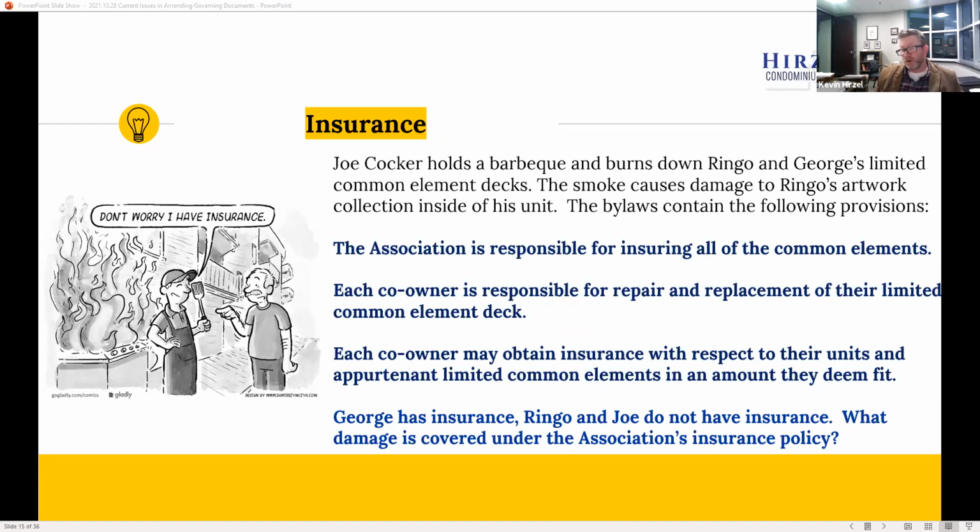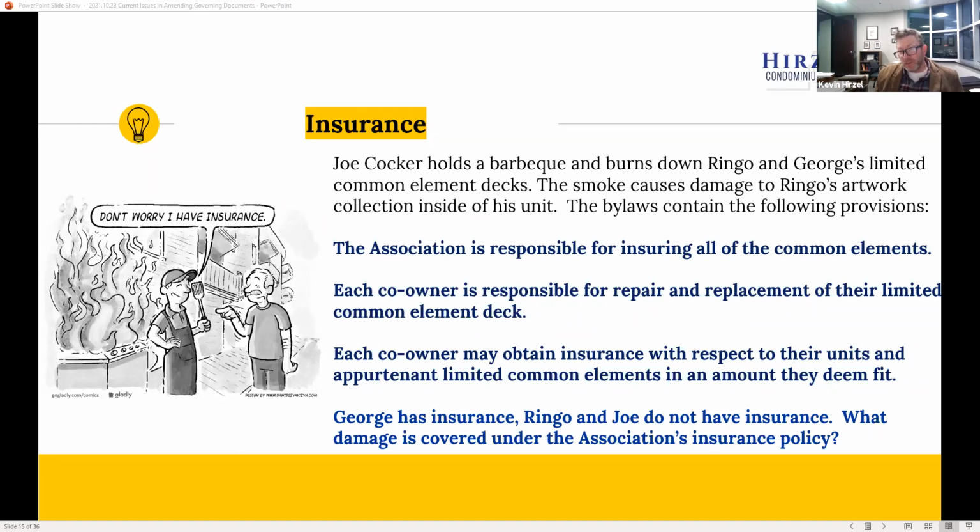For Ringo's artwork, this is the tough one. This is personal property. I would hope that there are no sets of documents that would impose an obligation on the association to cover that loss, mainly because the loss would be unquantifiable.